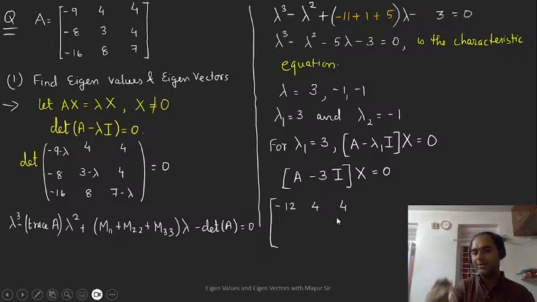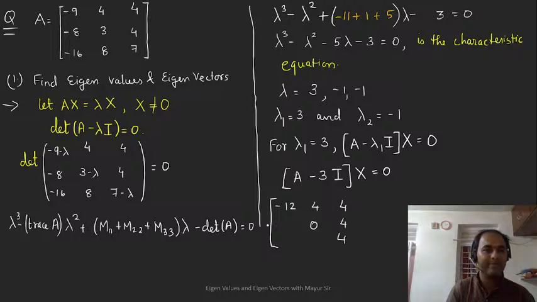Subtract 3 from the diagonal entry, so 0 and then 7, here you get 4, here also you get 4, minus 8, and then there is minus 16, and here it is 8, and then there is this x1 x2 x3 equal to 0.